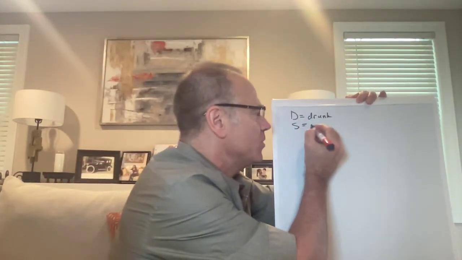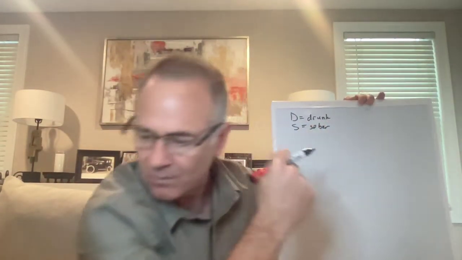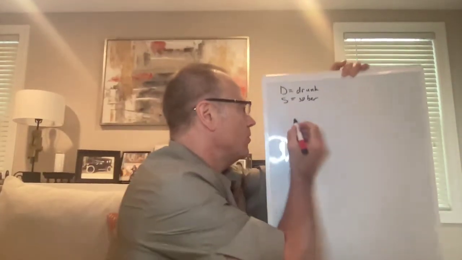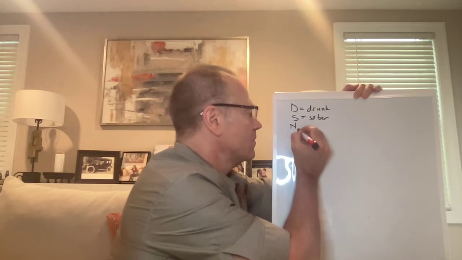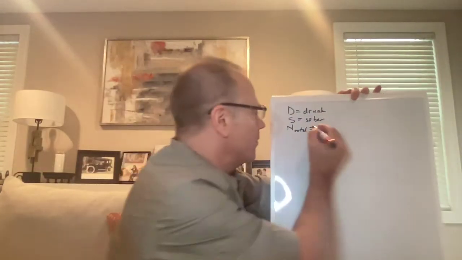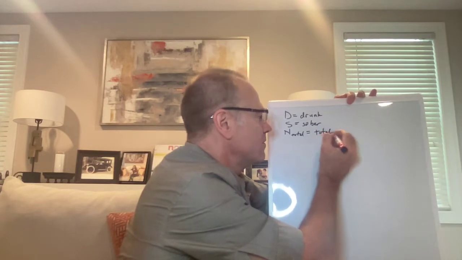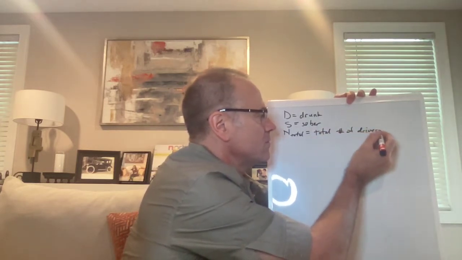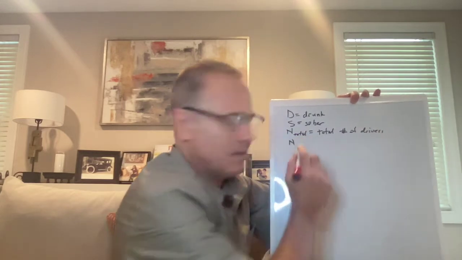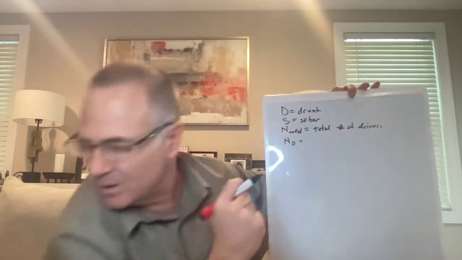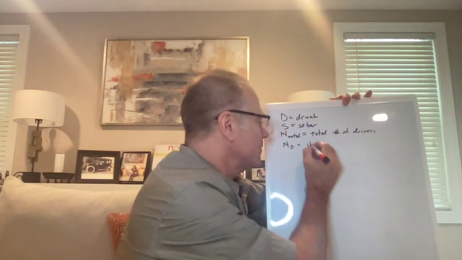S just stands for sober. Then they write N total, which stands for the total number of drivers. And then N sub D equals the number of drunk drivers.